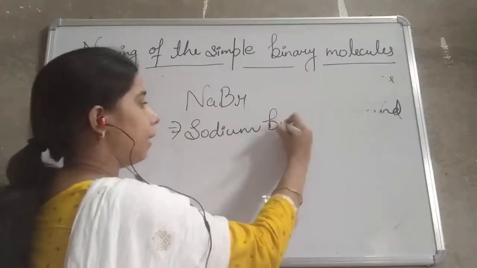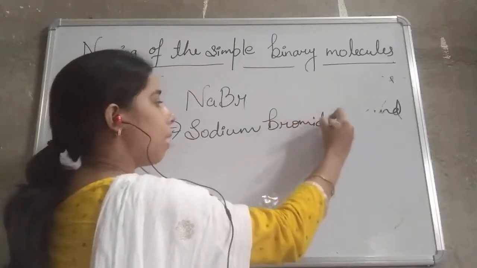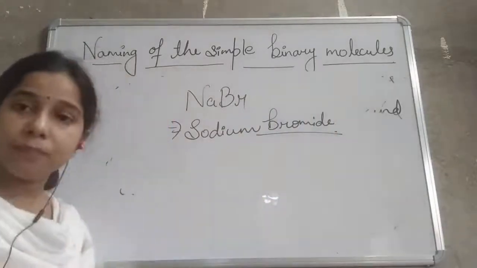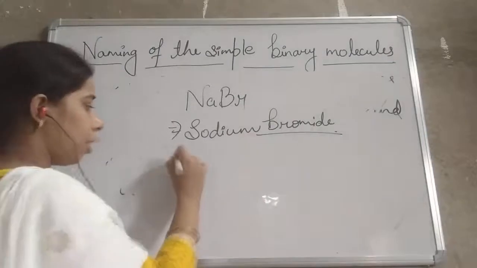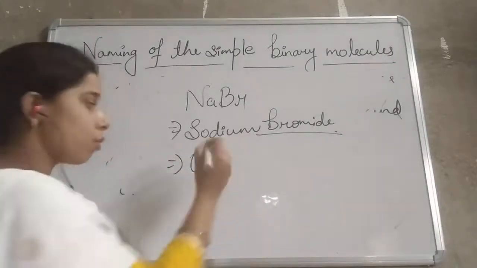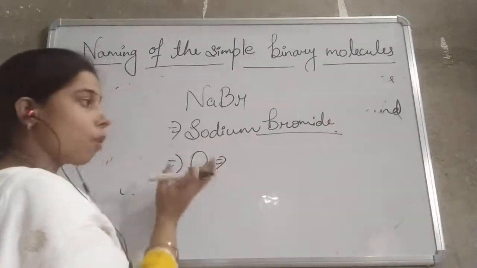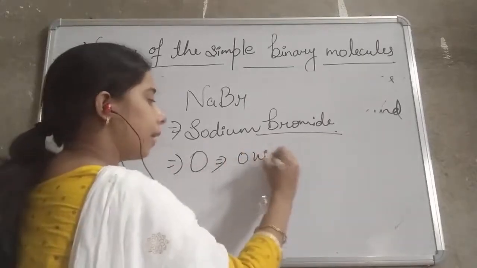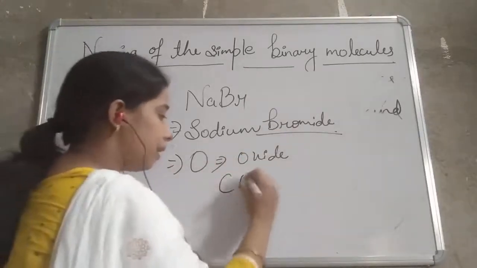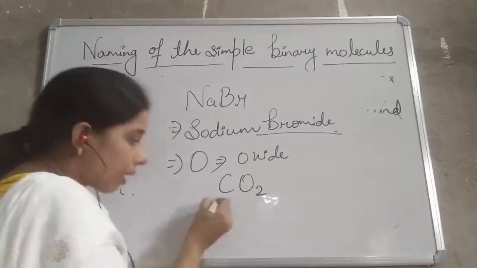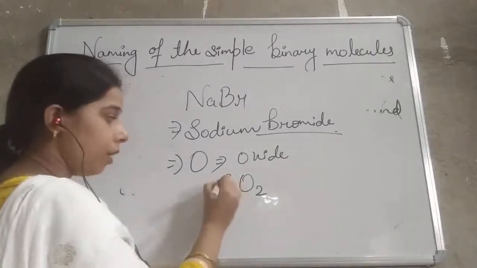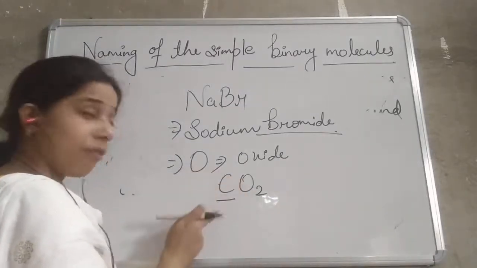So we will write bromide: sodium bromide. Like that, if oxygen is there, which is more electronegative, in place of oxygen we will write oxide. Like in the case of CO2, carbon is less electronegative. It is the first element.